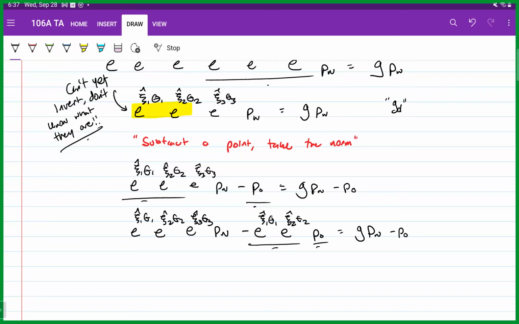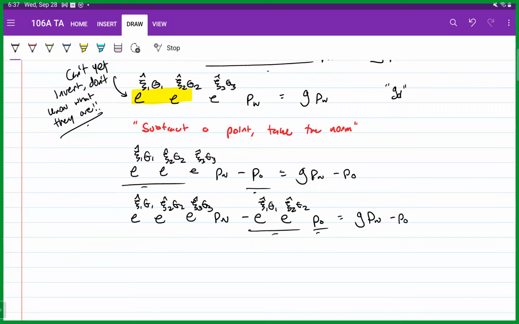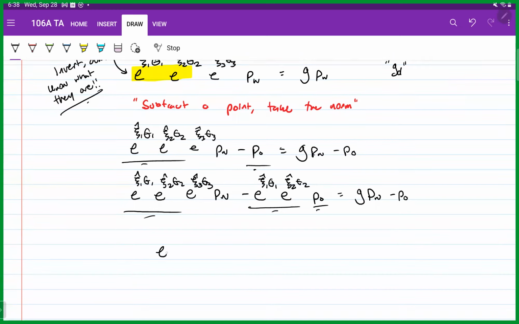But what this enables us to do is factor out an e to the xi1 hat theta 1, e to the xi2 hat theta 2, since we now have both of these on both terms. So we can rewrite this as e to the xi1 hat theta 1, e to the xi2 hat theta 2 times e to the xi3 hat theta 3 minus P0 equals G times Pw minus P0.